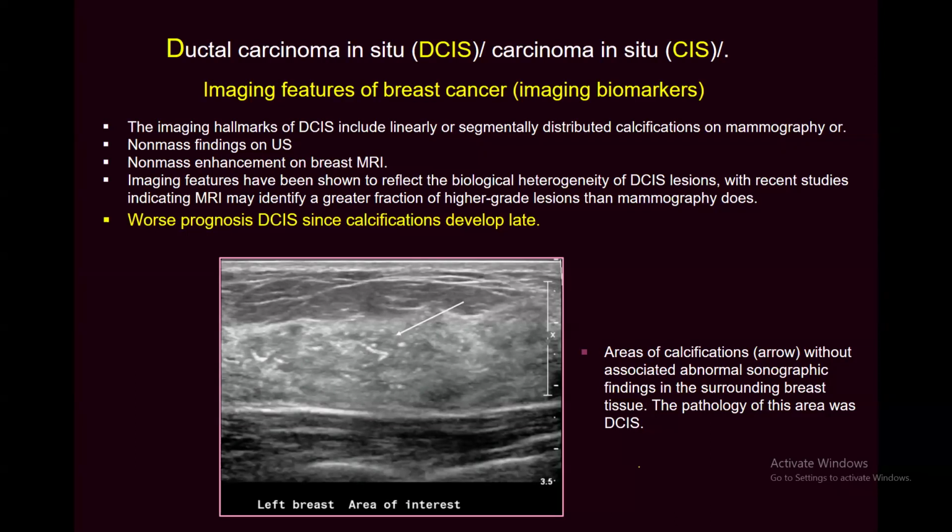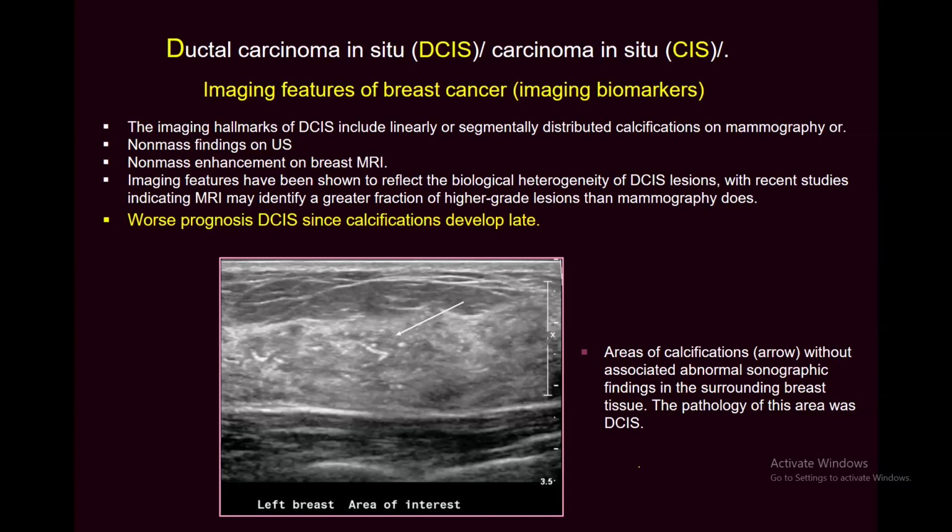So the imaging features, or imaging biomarkers, of DCIS include linearly or segmentally distributed calcification on mammography, or it can even be visualized on ultrasound as we have seen in this example. But more often visualized on ultrasound is a non-mass-like lesion, or sometimes we can see a mass.